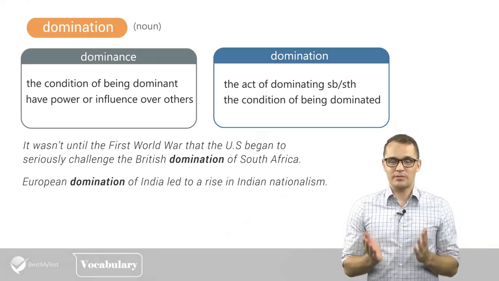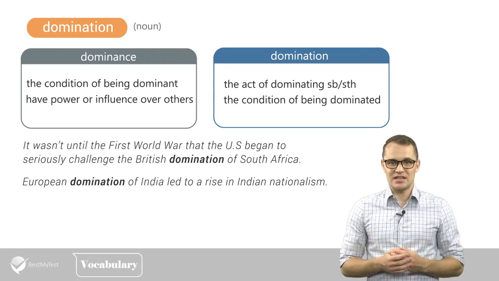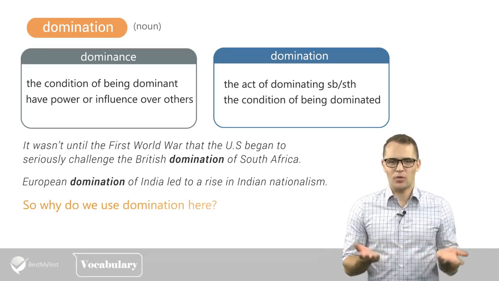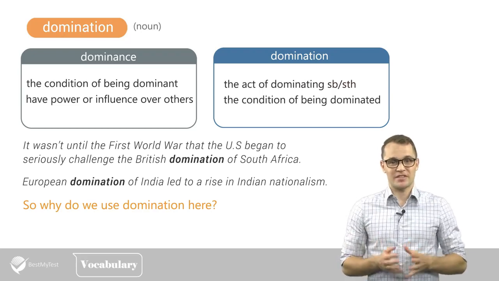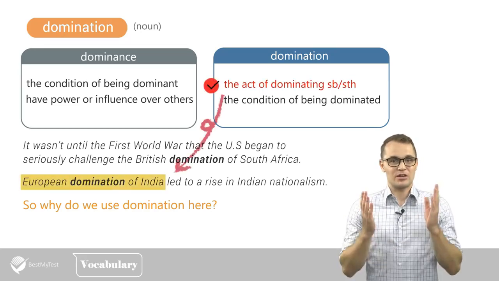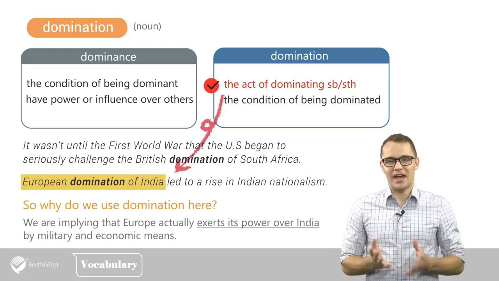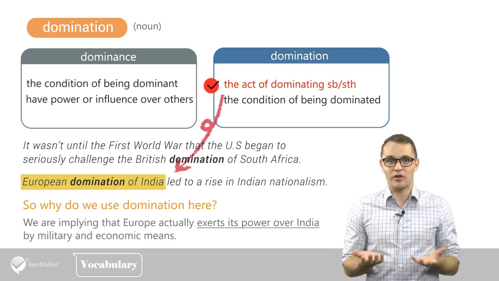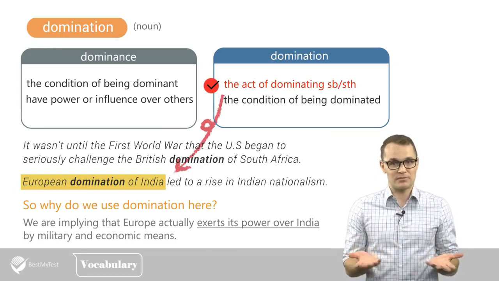Or European domination of India led to a rise in Indian nationalism. So why do we use domination here? Because here we want to emphasize the act of dominating something. For instance, in European domination of India, we are implying that Europe actually exerts its power over India by, for example, military or economic means.